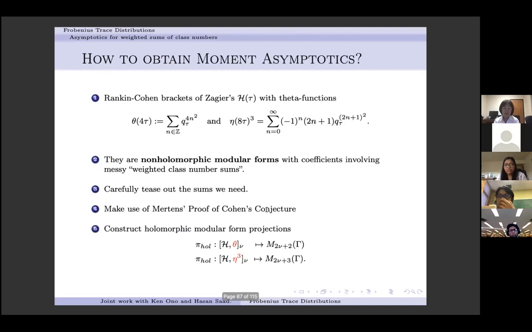And then for the odd moments part, once we apply these Cohen-Rankin bracket operators, which give non-holomorphic modular forms, we apply holomorphic projection on these bracket operators to produce modular forms. Then, once we have modular forms on the right side, we can estimate the coefficients by Deligne's theorem. So that's how we estimate our moments as p goes to infinity.